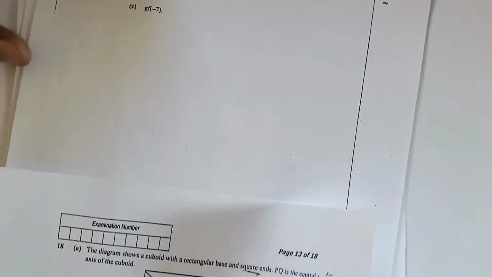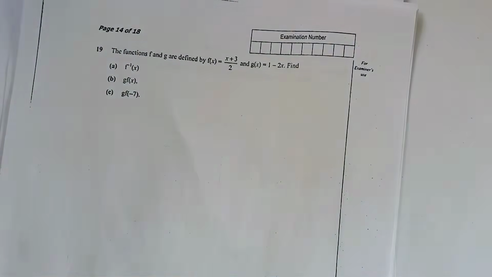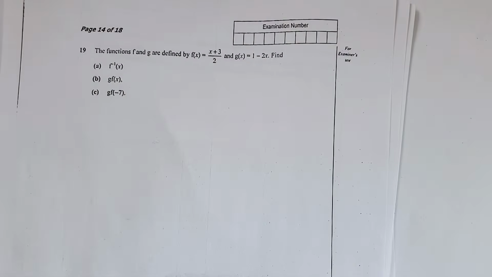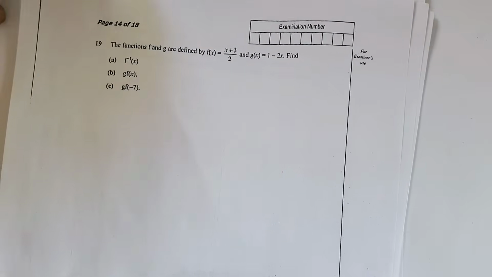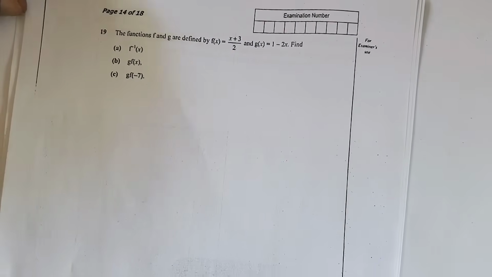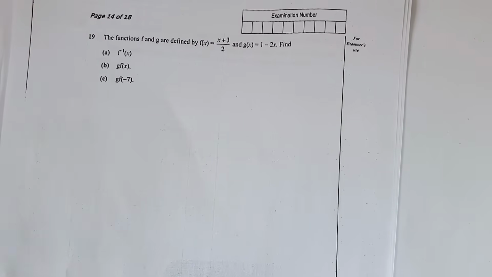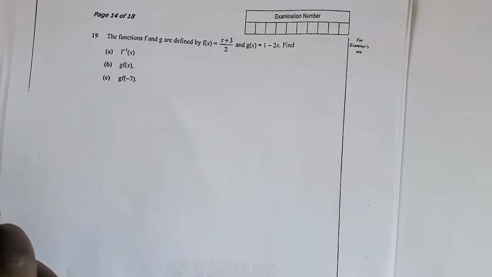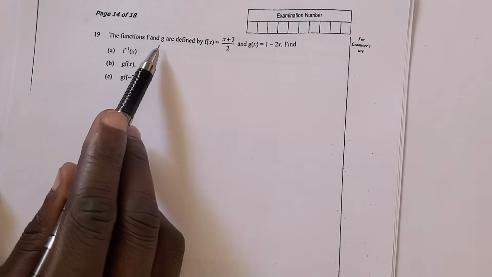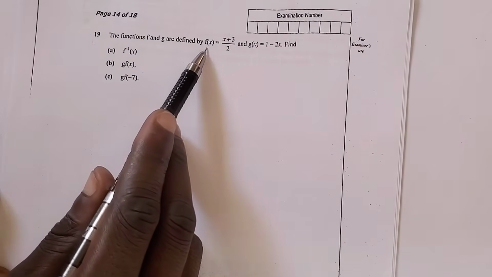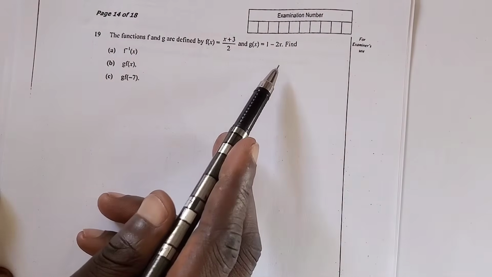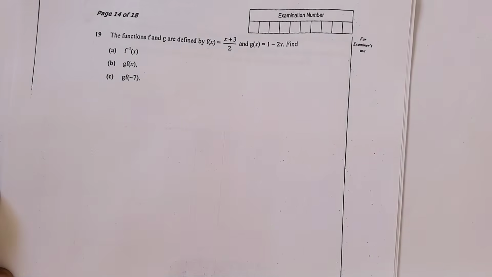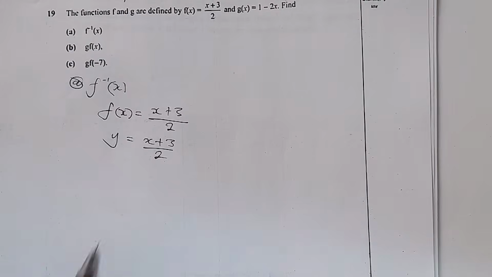Let's go to question 19. This one, I know this one. I've been answering this question before. Then this is very simple. Functions. 19. The functions f and g are defined by this and this. Okay.